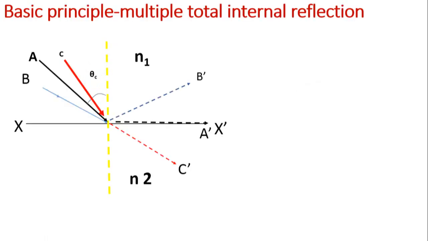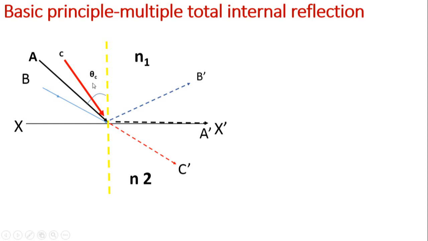Next, consider any ray B whose angle of incidence is greater than theta C. That ray is simply reflected back into the same medium, that is B dash. B dash is the reflected ray whenever the angle of incidence is greater than theta C.